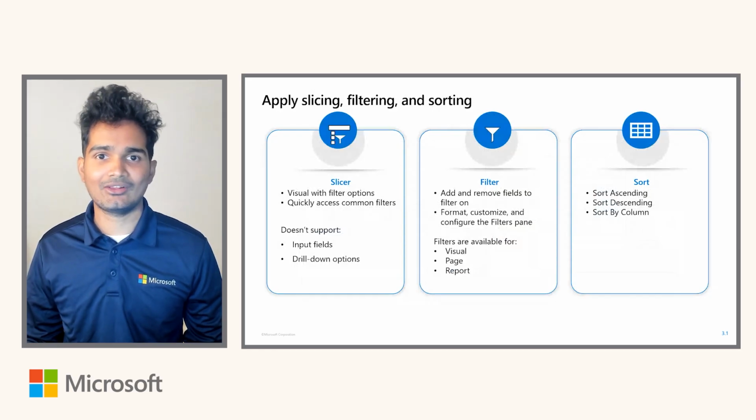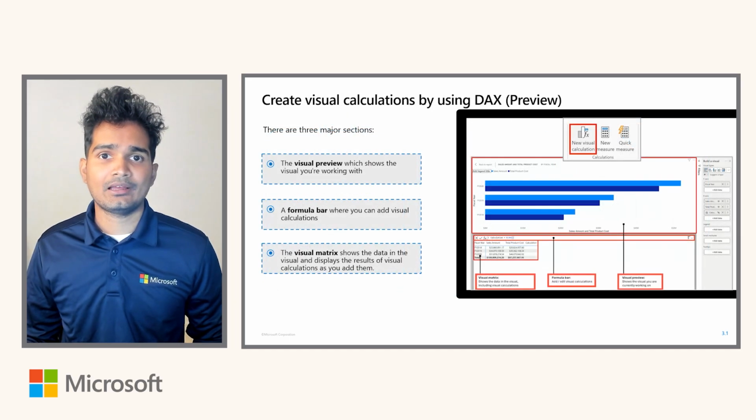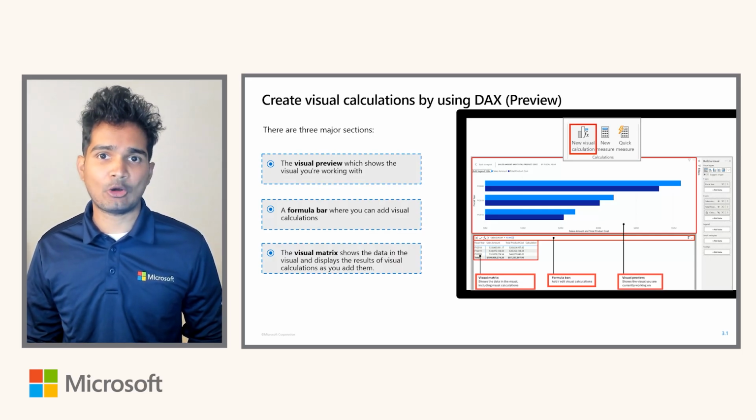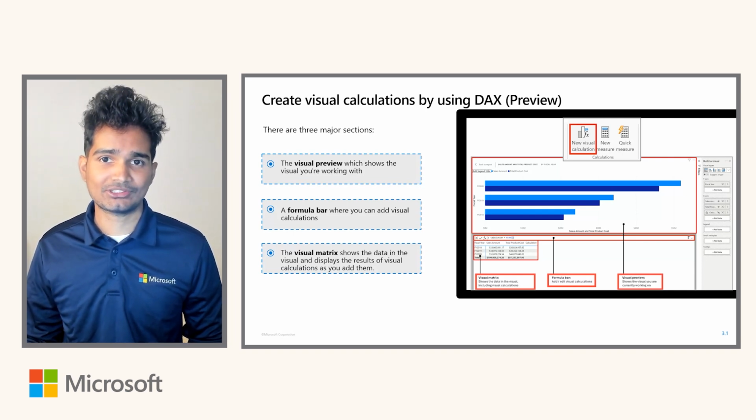Sorting, on the other hand, allows you to sort by a specific column or by multiple columns. A newer feature to know is visual calculations. Visual calculations using DAX in Power BI allow for the creation of dynamic measures and calculated columns directly within your visuals.